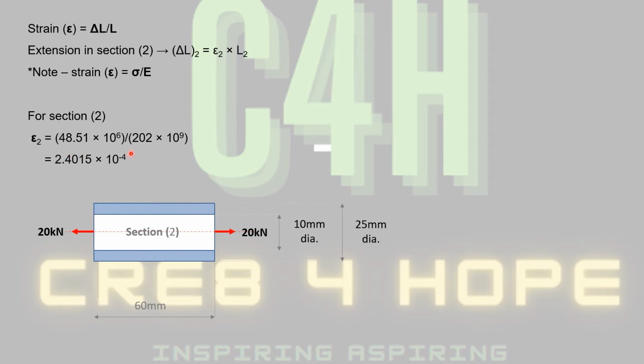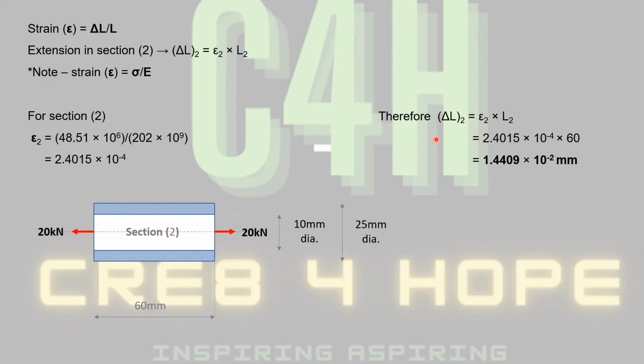We do the multiplication and the computation, and we get 2.4015 times 10 to the power minus 4, and it kind of makes sense, okay, because the cross-sectional profile is smaller to that of section 1. Thus, the measure of strain will be greater. So now that we've calculated what the strain is, we can then proceed to calculate the extension experienced in the bar, this part of the bar.